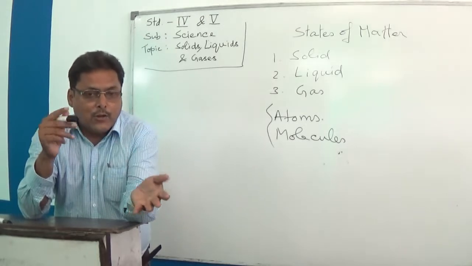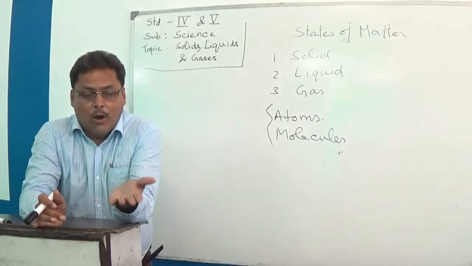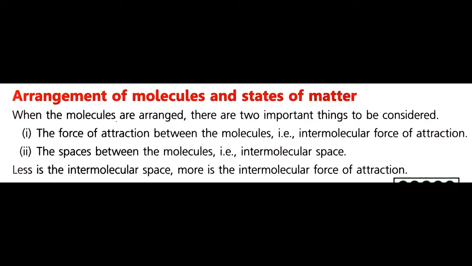I have prepared a slide so that you can memorize this before going into the details of what I just said. Matter is made up of very small particles. We call them molecules for the time being. In the upper classes you will know what molecules and atoms are. But now let us say the points you should keep in mind. The molecules are arranged, and the force of attraction between the molecules is called intermolecular force of attraction.